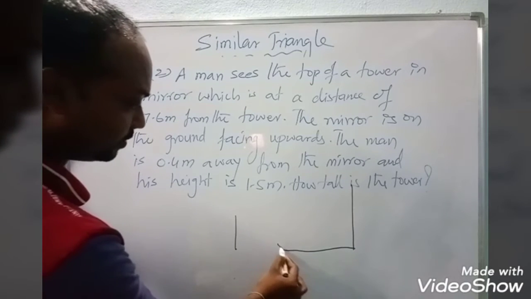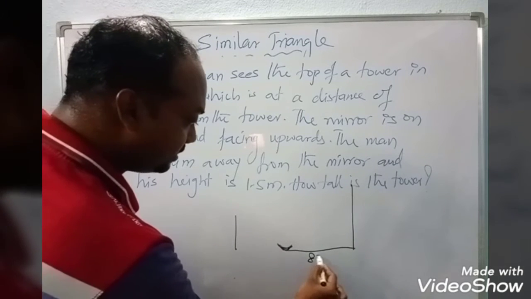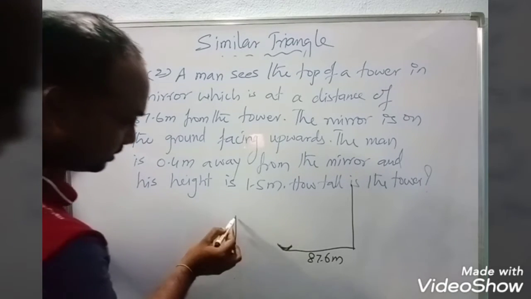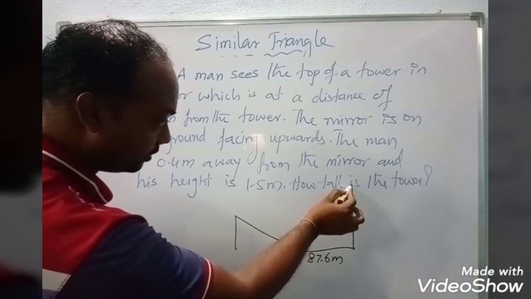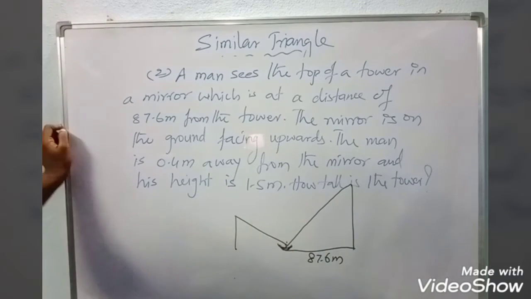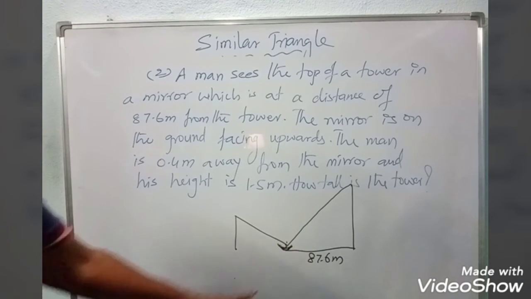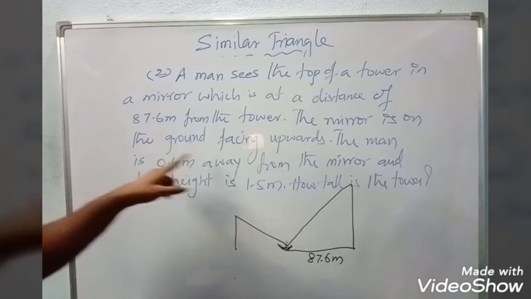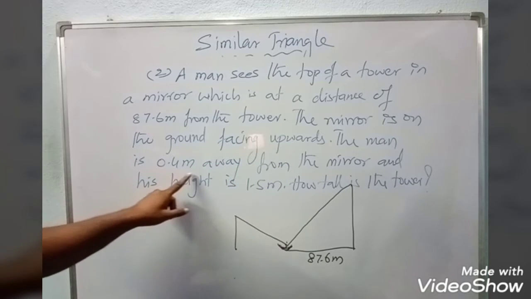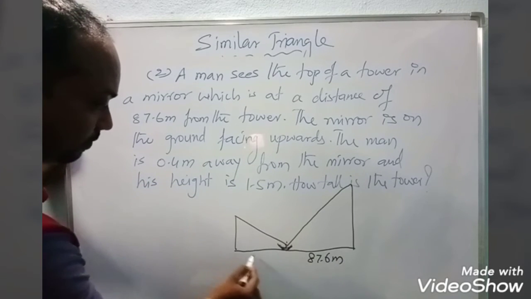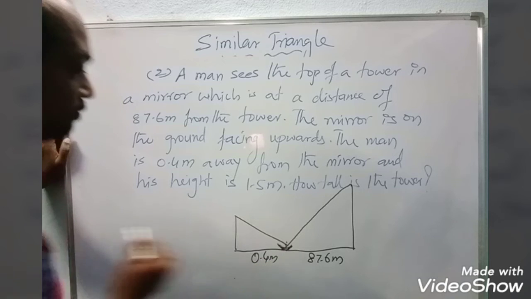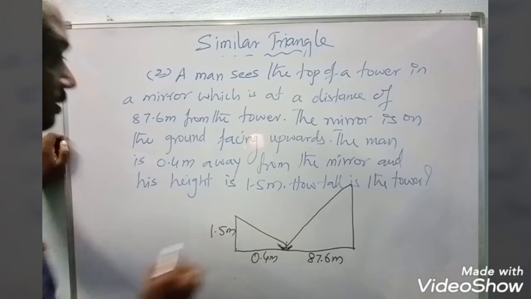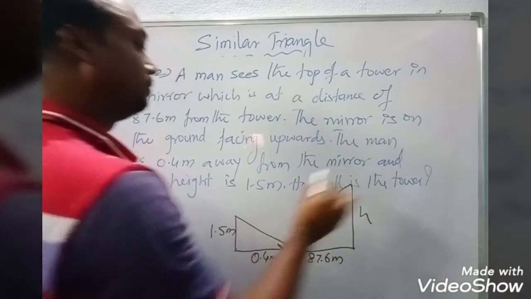Suppose there is a mirror, and a person is standing and with the help of the mirror he is seeing the top of the tower. It is also given that the mirror is on the ground facing upwards, and the person is 0.4 meter away from the mirror, and his height is 1.5 meter. Then how tall is the tower?